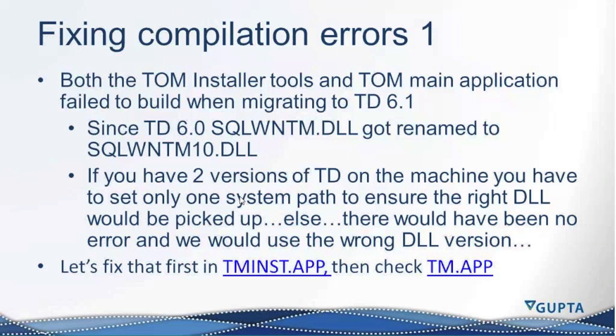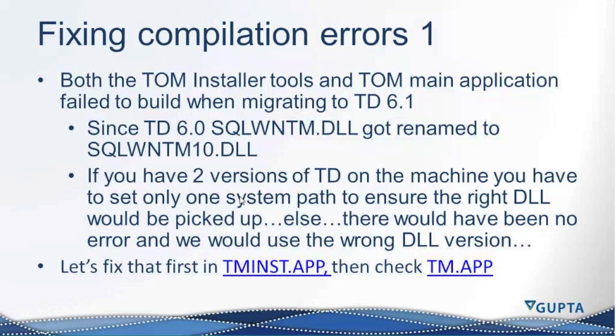So we decided to change the name, and we changed it to SQLWNTM10 DLL for TD 6.1 and forward. So if you have two versions of TD on a machine, you have to set only one system path to ensure the right DLL would be picked up, as there would have been no error, because you would be using the wrong DLL version.